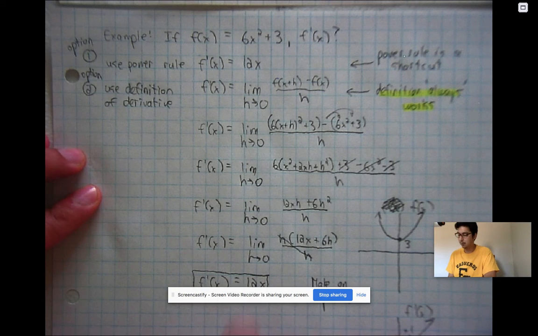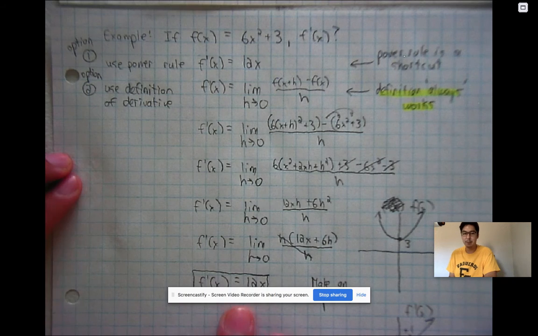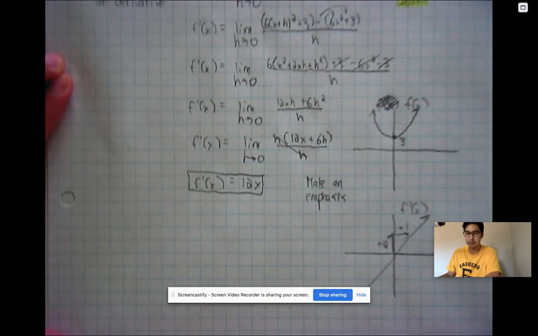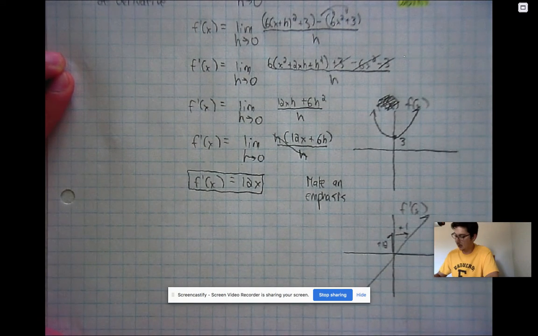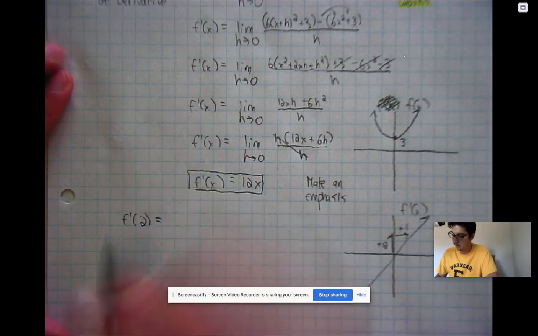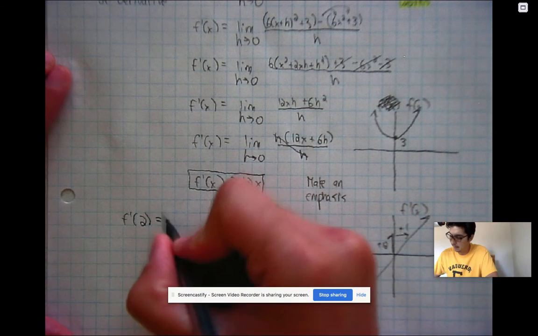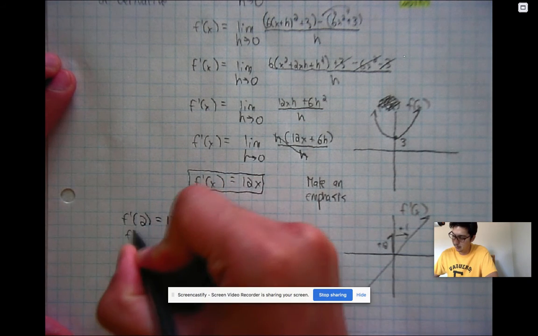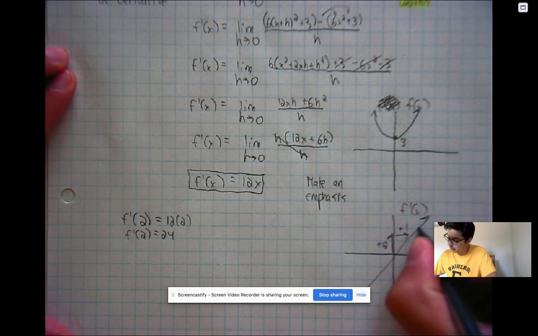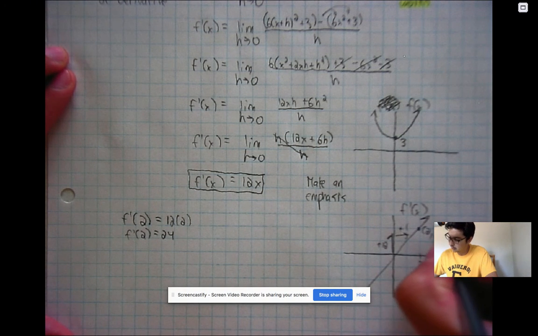Now what's happening here is if you find the slope at any given moment, if you plug a number in, sorry, I lost you on my paper. Right. So say we wanted to find what's f prime of 2. Well, if we plug 2 into our slope function, it would be 12 times 2. We get f prime of 2 is equal to 24. So what that means is at 2, we're at 24 on our slope function.